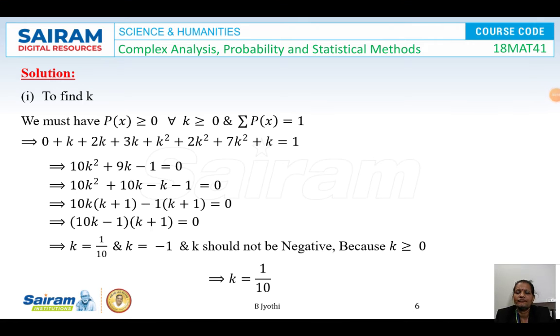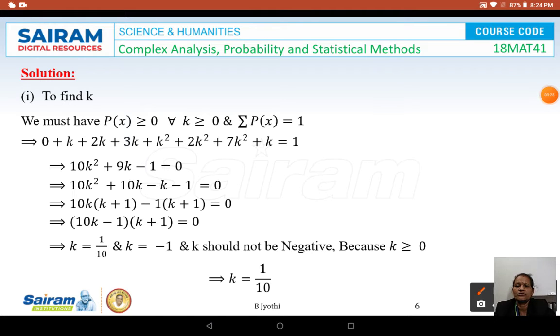In order to find the value of k, we must have p of x greater than or equal to 0 for all values of k, and summation of p of x must be equal to 1. Let us add all the p of x values: 0 plus k plus 2k plus 2k plus 3k plus k square plus 2k square plus 7k square plus k is equal to 1.